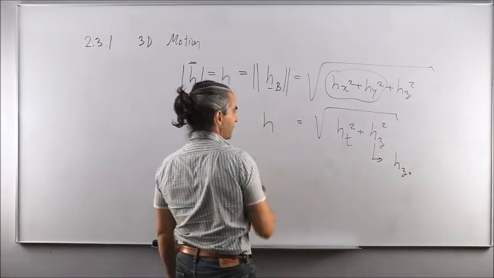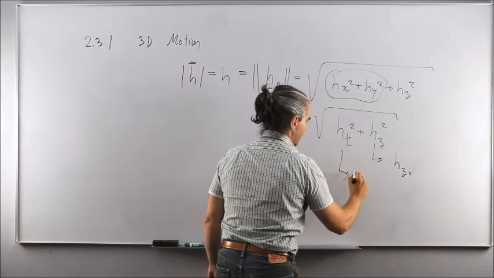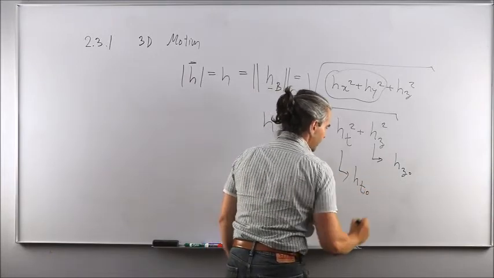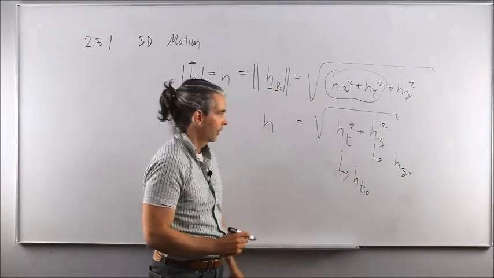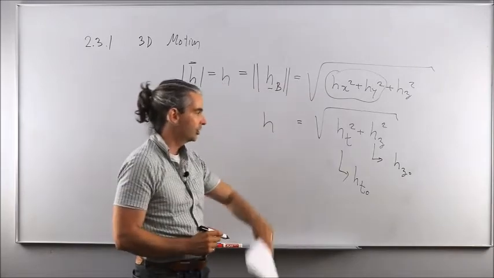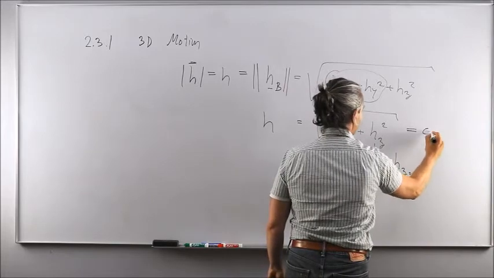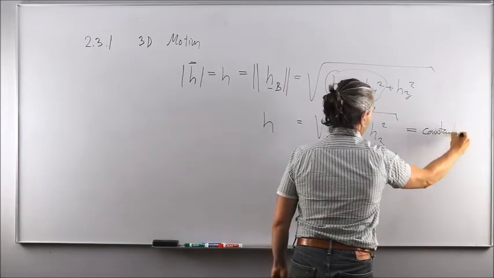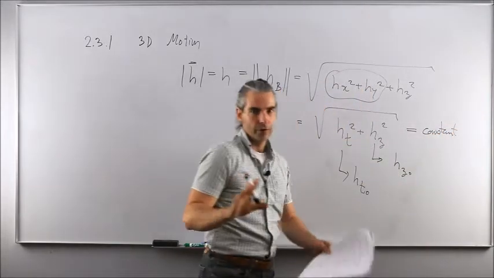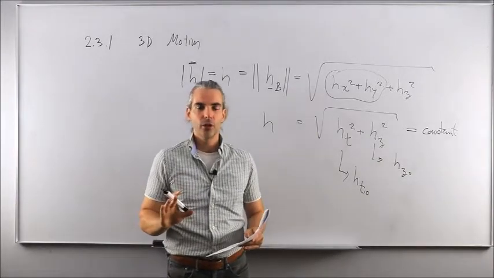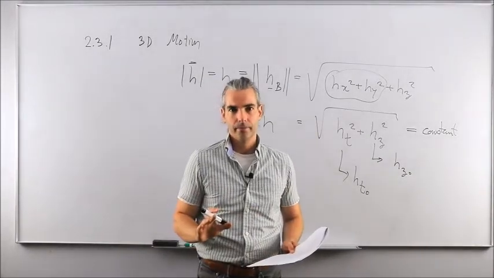And we've just determined that ht was a constant equal to ht naught. So therefore, altogether, h is going to be equal to a constant. So the norm of our angular momentum vector will remain constant.